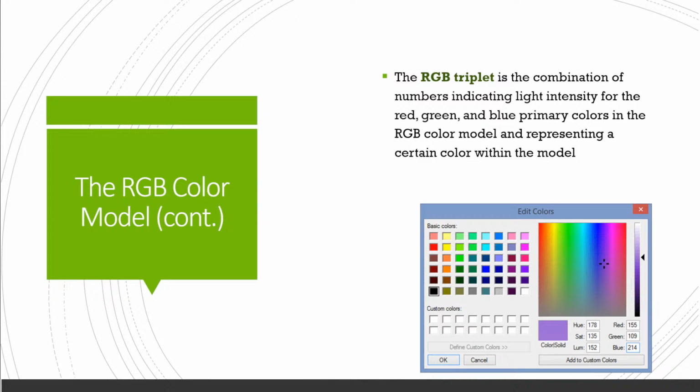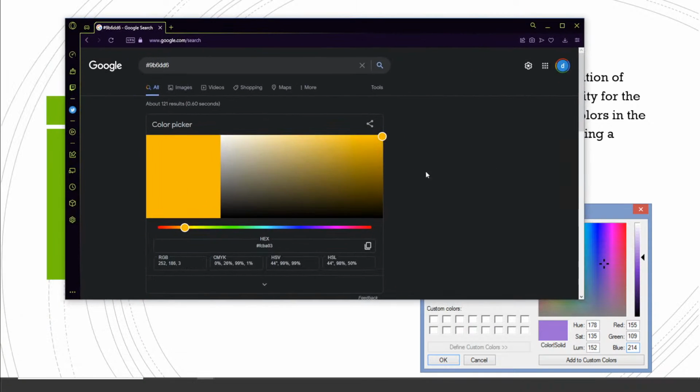And so we can know that's true, right? Because we can see the color here that we get based off of that. And if I Google that hexadecimal number, which I'll do in another window here, hashtag 9B6DD6. What's odd is it normally gives me the color, but it's telling me that this is FCBA03.